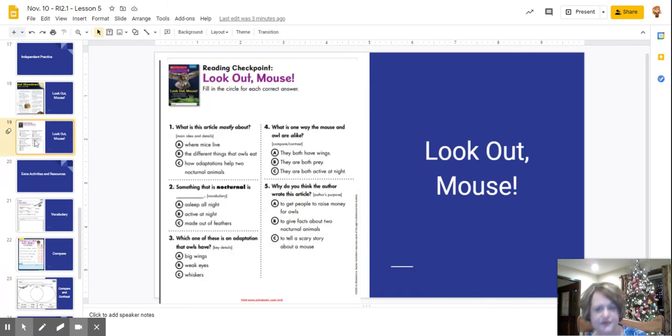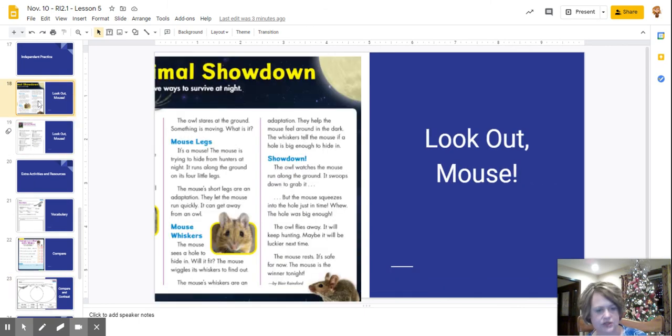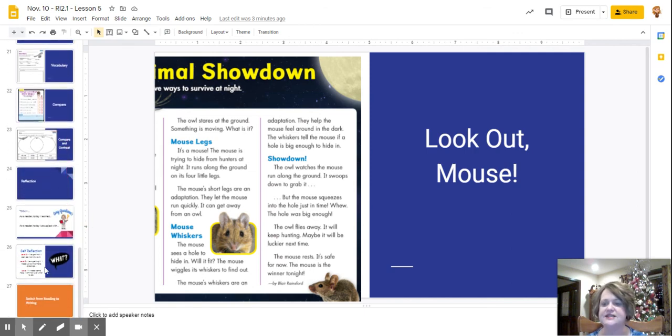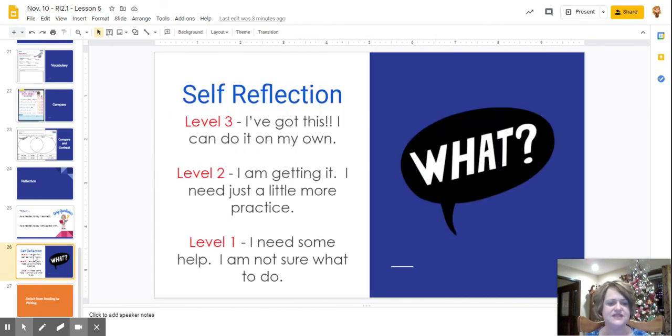Now, I know some of you might take a little bit longer to do the independent practice, and that's okay. Some of you may be ready to move on to some of those extra sheets, and that is fine. Also, don't forget to reflect on how did I do today? Was I able on 3 and 4 to write a key detail from that subheading?